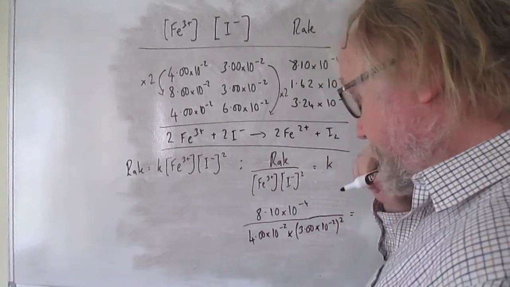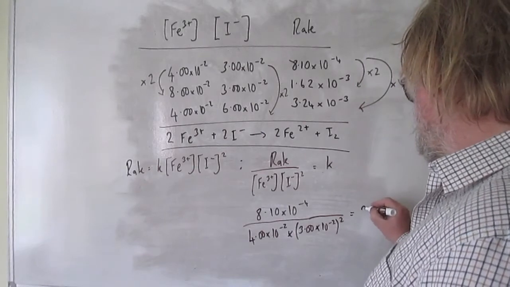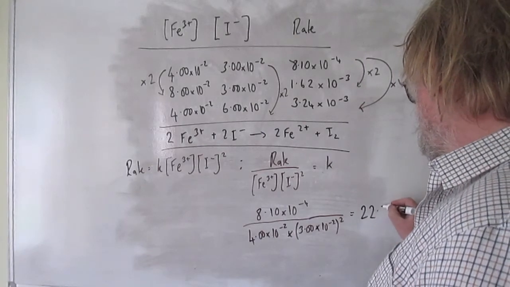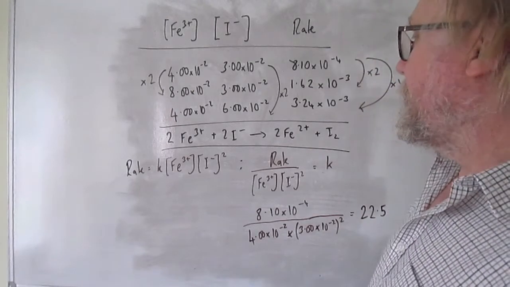And if you crunch all of those numbers, you get 22.5 is the number. And now we have to figure out the unit.